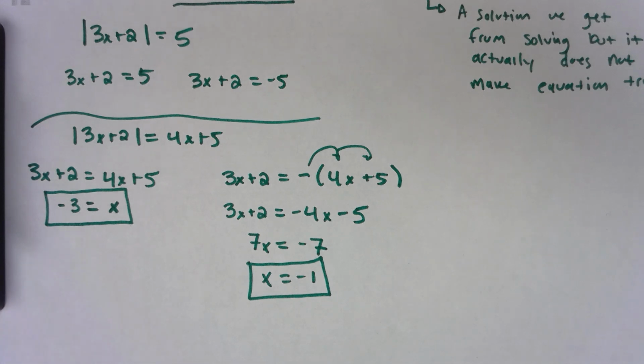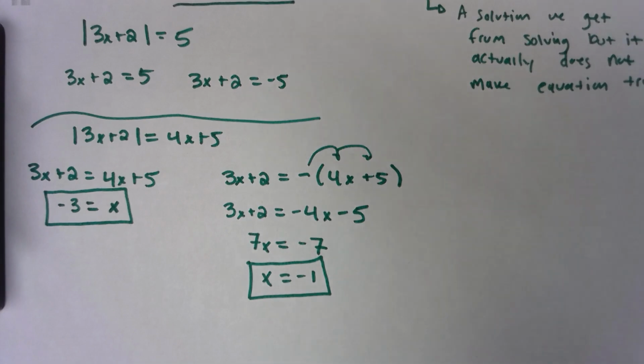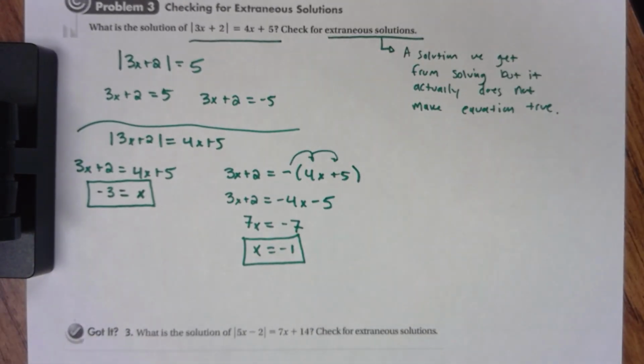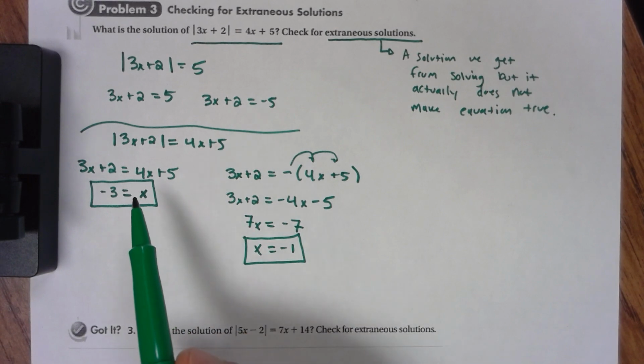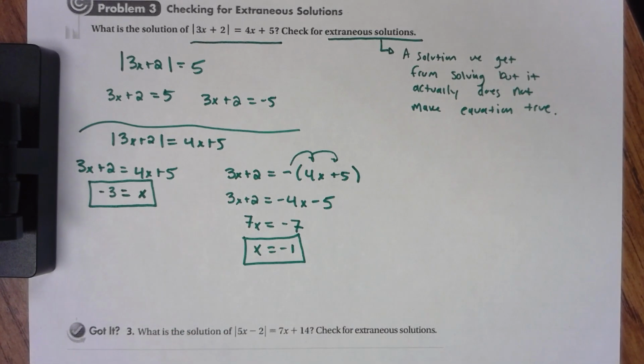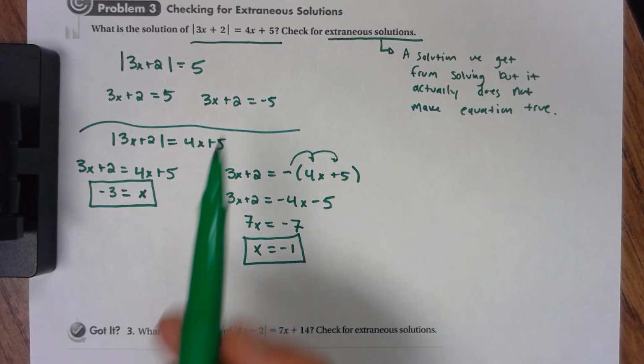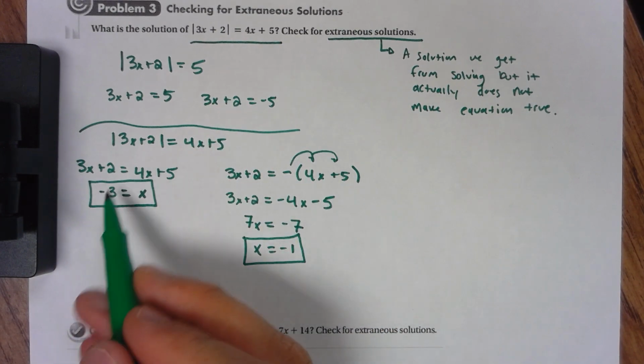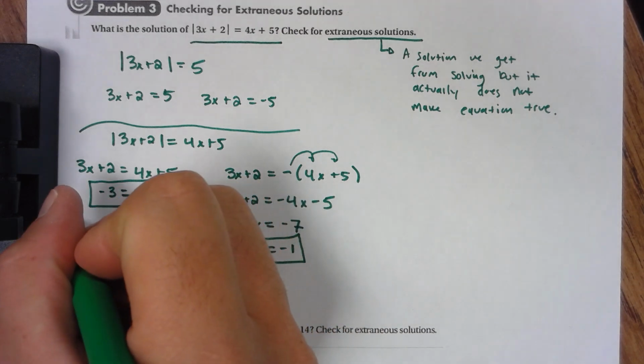Everything in the work we did makes sense and leads us to these answers, which again seem like correct values. But now we need to check them, because it is possible that one or even both of these answers does not actually make the equation true, and thus they are extraneous. So we're going to check these. I'm going to sub negative 3 back into the equation.